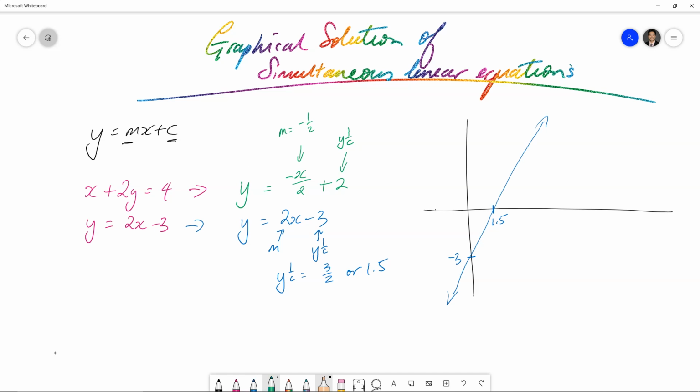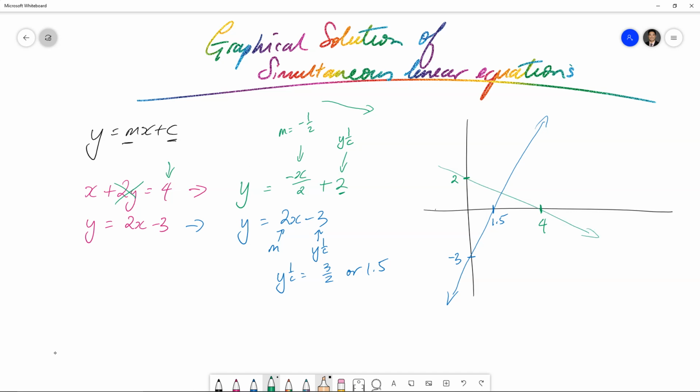With the green one, we'll have the y-intercept at positive 2, so maybe about there, and because it's a negative half, it's less than 1, so not only is it going down, but it is a shallower slant. The x-intercept is when y equals 0, so the x-intercept is at 4, so 4 is about here.